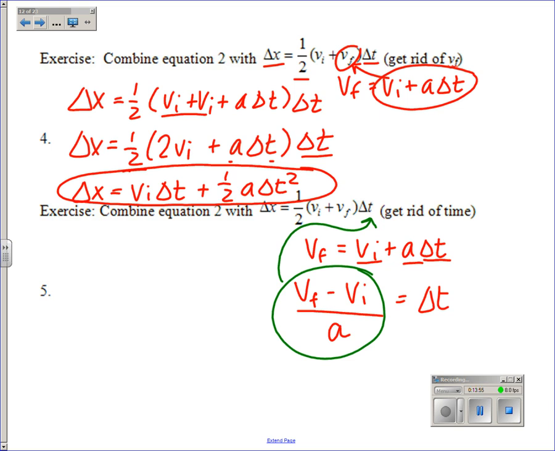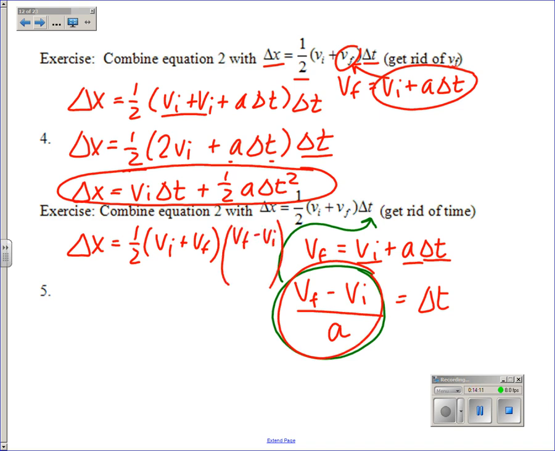So let's see what happens this time. Delta x equals 1/2 vi plus vf. Now instead of delta t, I'm going to write what I circled in green. I'm going to write vf minus vi over a. Now, these are conjugates. This is actually the difference of perfect squares.